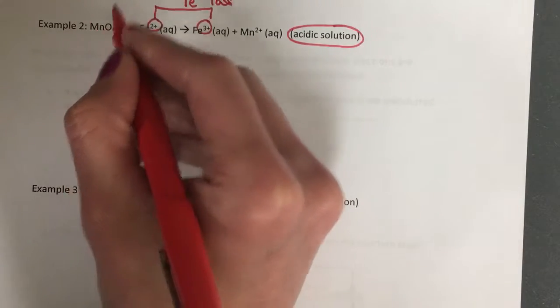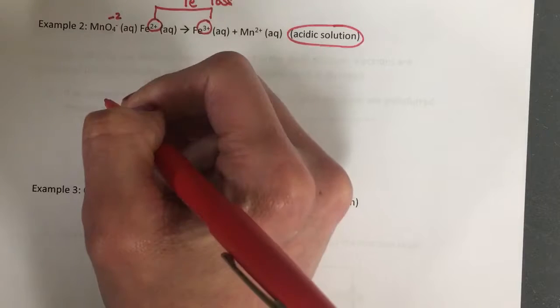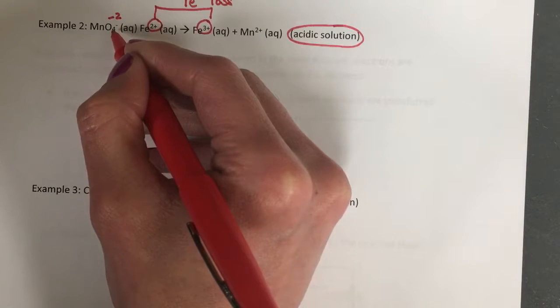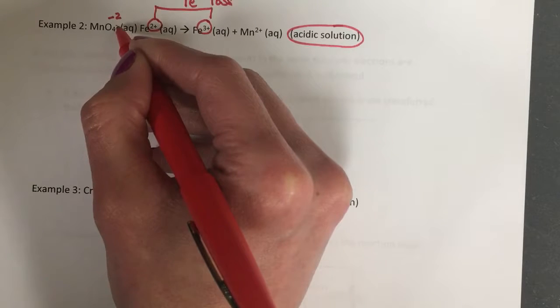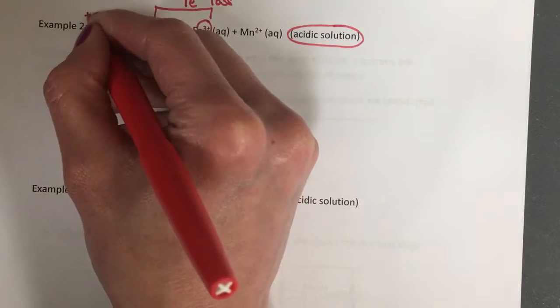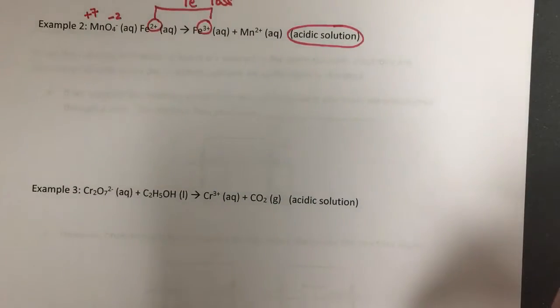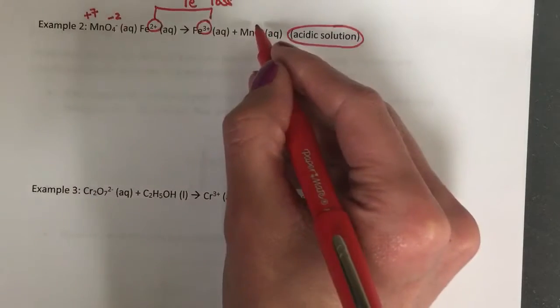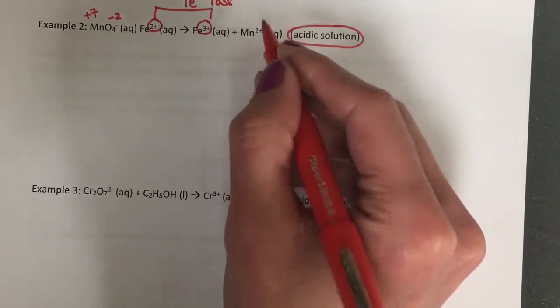MnO4, O is a -2. I've got 4 of them, so I've got 8 negatives. I know that the whole thing overall is going to be a -1, so I need 7 positives. Mn starts at a +7, it ends at a +2.